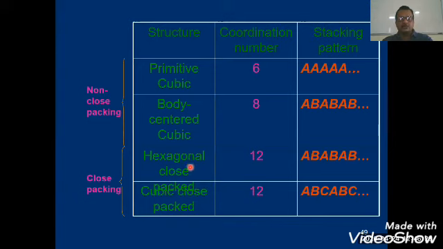The highest coordination number is for hexagonal close packing and cubic close packing, and in both cases the packing fraction is 74%. Here it is 68%. Here it is 52.4%. So this is an AAAA type. This is ABAB type. This is also ABAB type. This is ABC type.